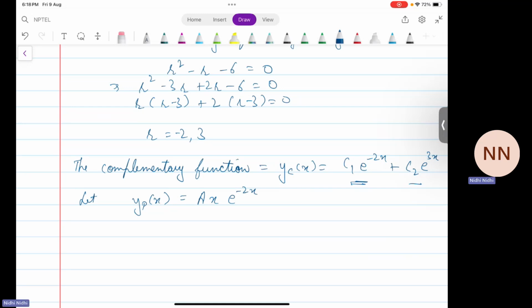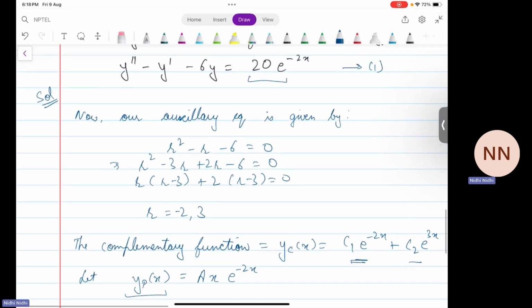Now we'll find this A so that this y_p is a solution of our equation. How will we find that? We'll take the derivative and double derivative of y_p(x), and see for what value of A the equation 1 is satisfied.